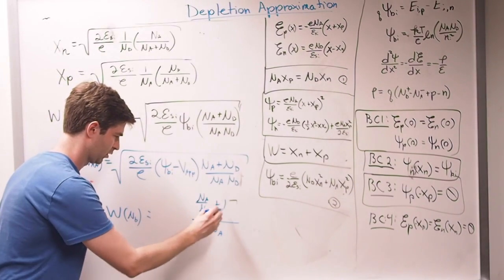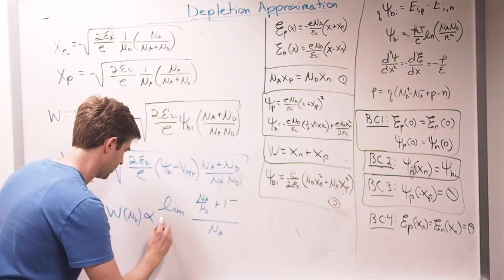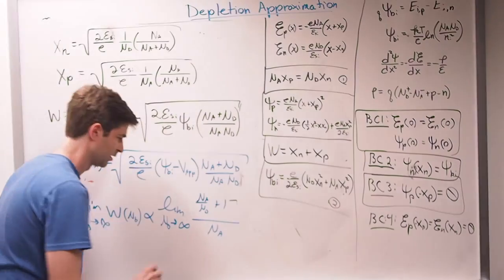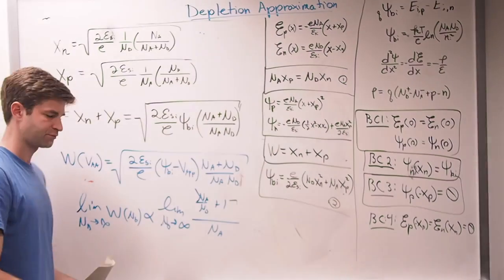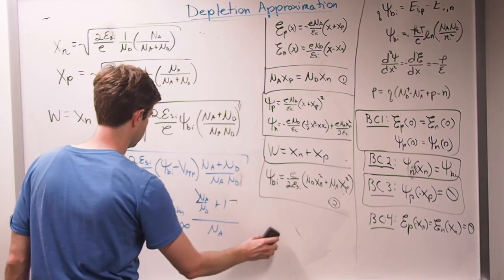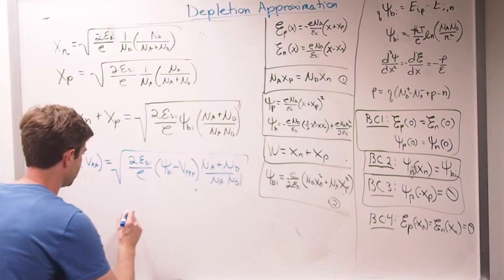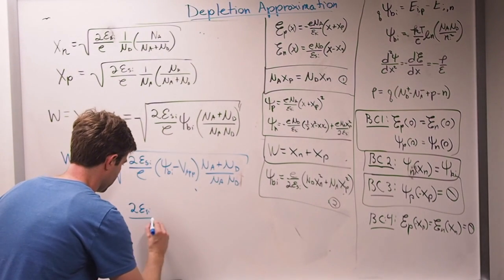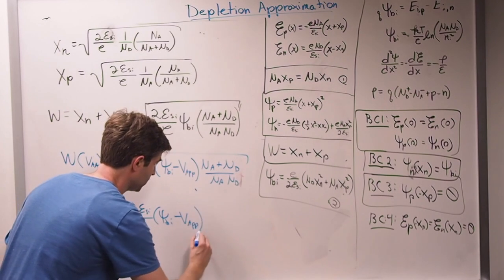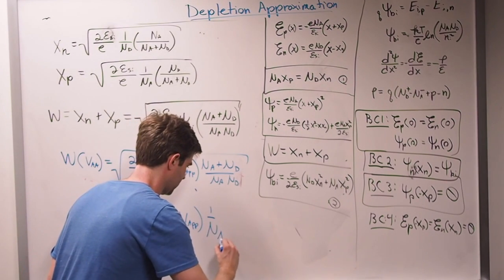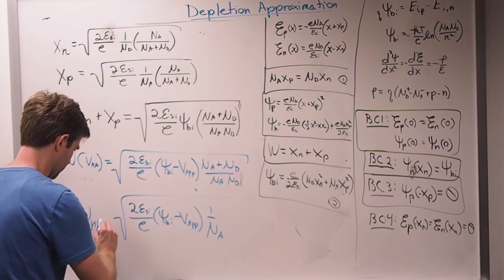Well, as ND goes to infinity, this term just goes to 0, and now our depletion width of an N plus P junction is just going to be the square root of 2 epsilon Si over q psi BI minus V applied, times 1 over NA. So this is W for an N plus P junction.